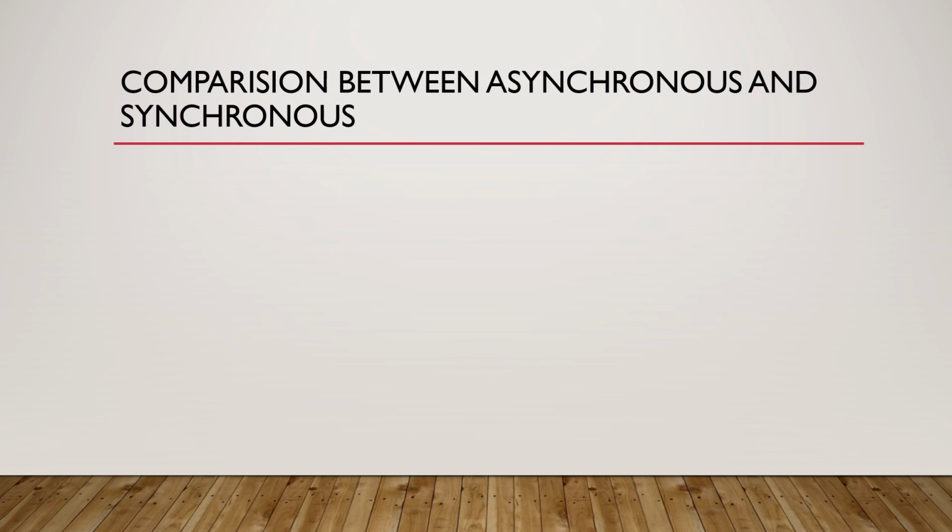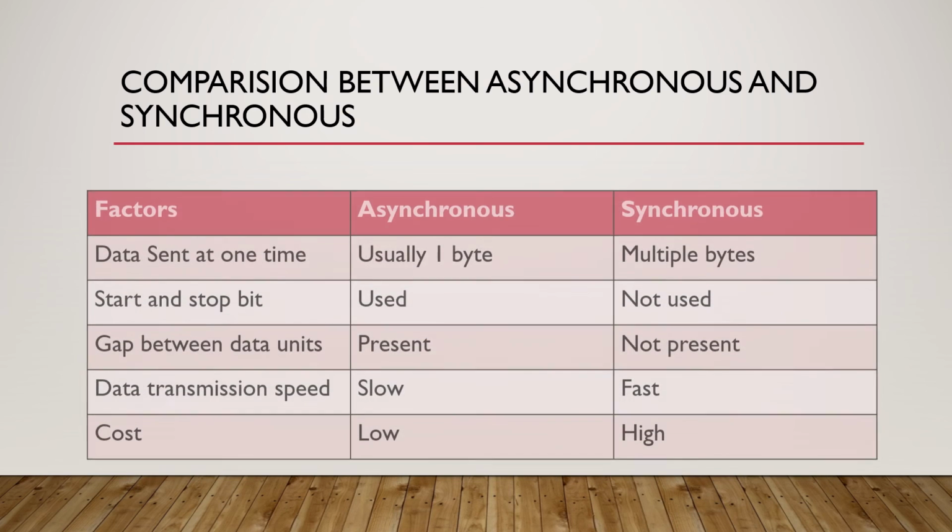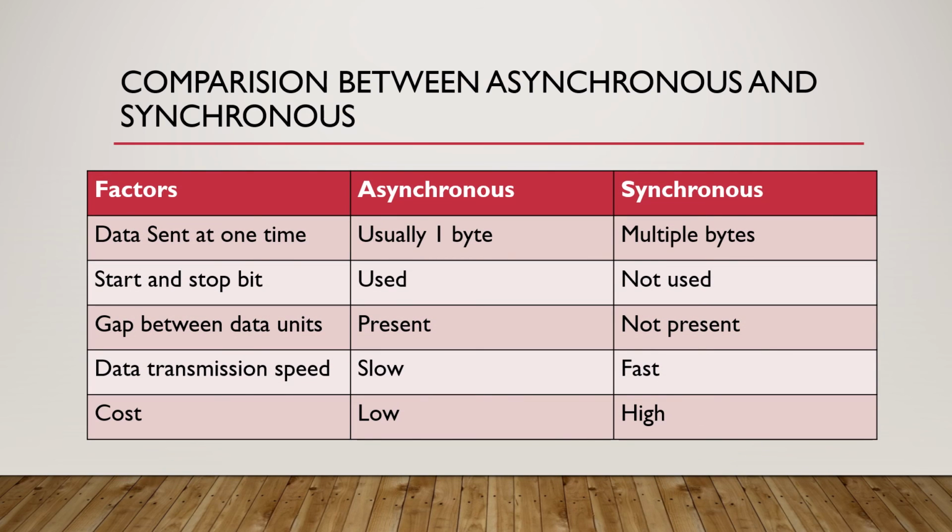Then comes the comparison between asynchronous and synchronous depending on different factors. The first factor is data sent at a time. In asynchronous, usually one byte is sent at a time using start bit and stop bit.